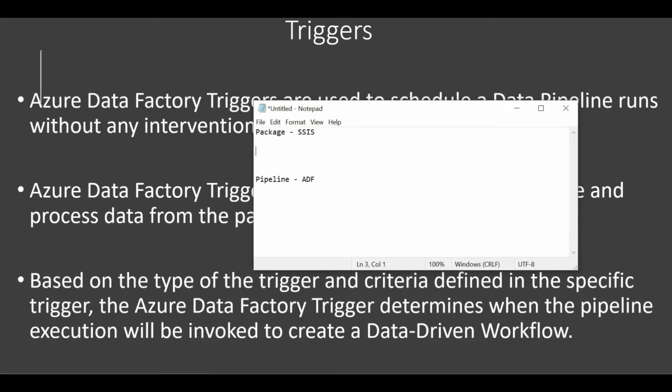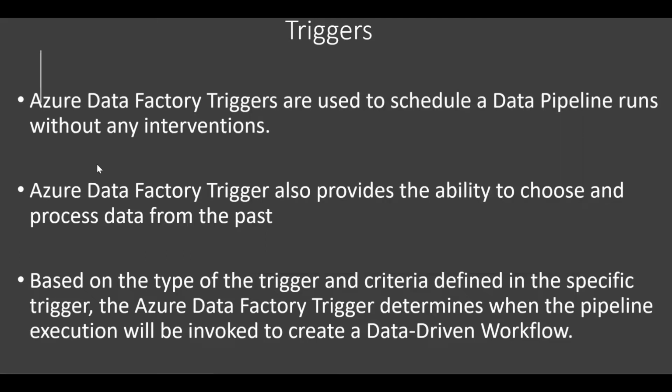We don't need to go to SQL Server like we do in SSIS. Triggers are used to schedule data pipeline runs without any intervention. Once you are done with your development, you need to schedule your pipeline based on the requirement.